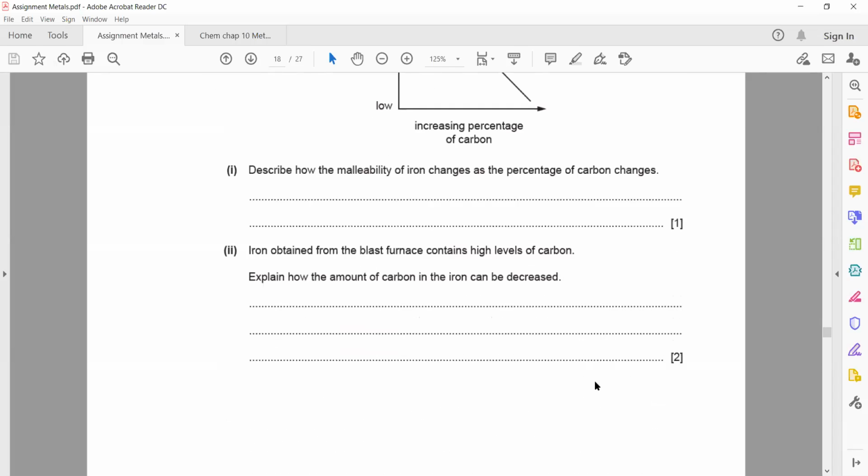Iron obtained in the blast furnace contains a high level of carbon. How can the amount of carbon in the iron be decreased? By pumping oxygen. That's right, by pumping oxygen, and what will it form? It will form carbon dioxide, which escapes from the molten iron.